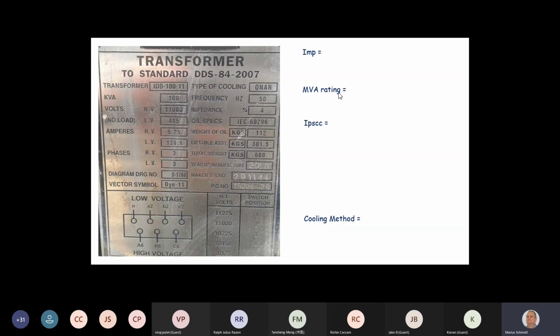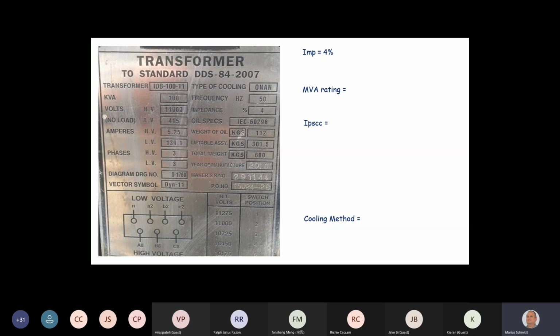I want to know what my MVA rating is. I want to know what my short circuit current is, and I want to know the cooling method. I'll give you a hint. The impedance is there, and how many percent? 4%. You all agree that? Is that 4% impedance?